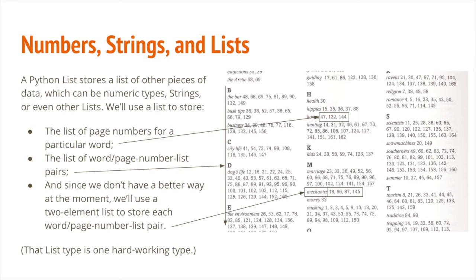We'll use a list to store first the list of page numbers for a particular word, like horse, so the list of page numbers where we find the word horse: 47, 122, 144. And then we'll also use a list to represent the list of word page number list pairs, which is in fact the whole index. The index is a list.